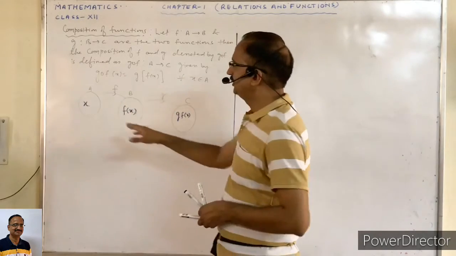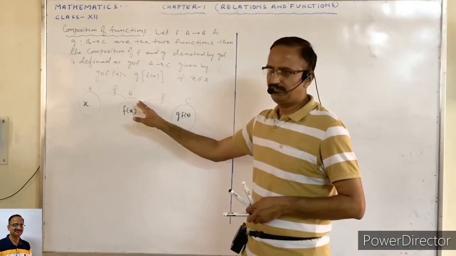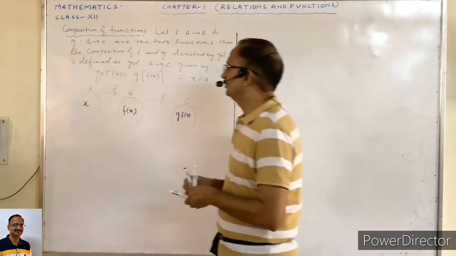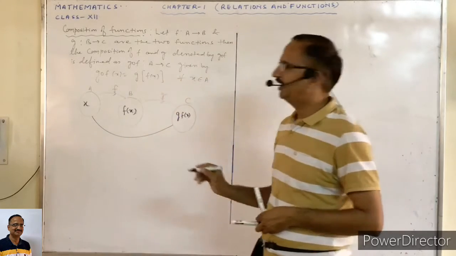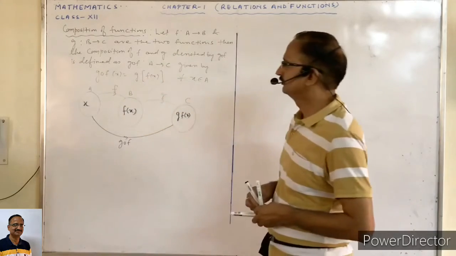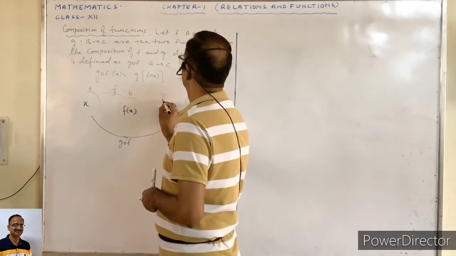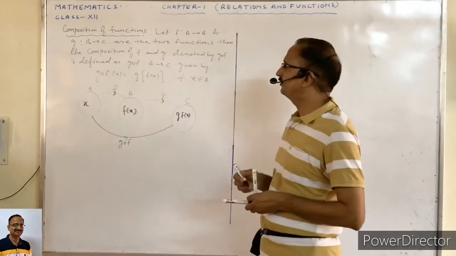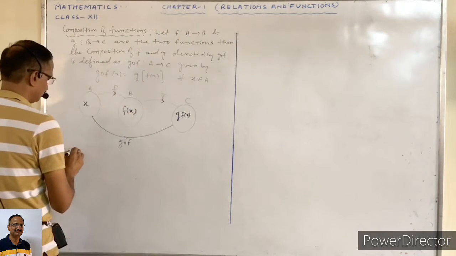So directly this A is related to C with the help of B, or you can say A is related to B, B is related to C. So we can say that this A is related to C, and this is what gof is. In this way, with the help of a ray diagram, we can explain these two functions, f from A to B and g from B to C, clearly.